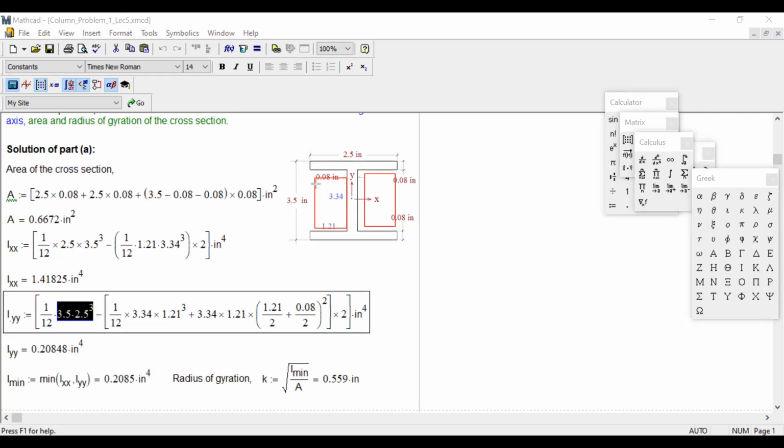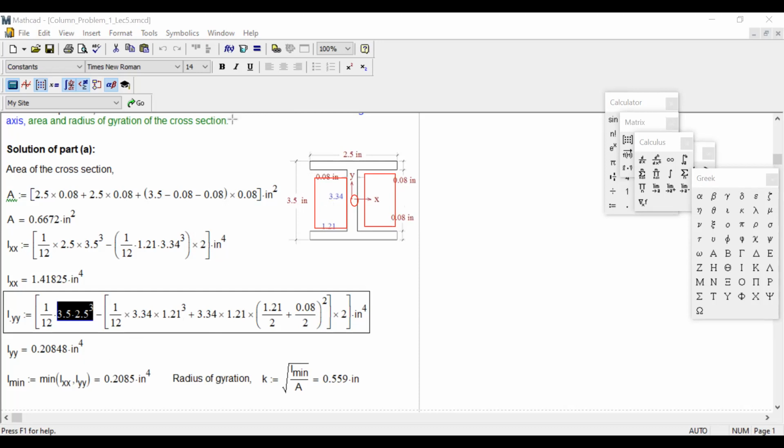And remember, we are figuring out the inertia with respect to the CG, right? So we are figuring out with respect to the CG, and you see right over here, we multiply by 2. Why? We multiply by 2 because there are two areas, left side and right side. So we got the bigger area. Now you need to subtract this one.